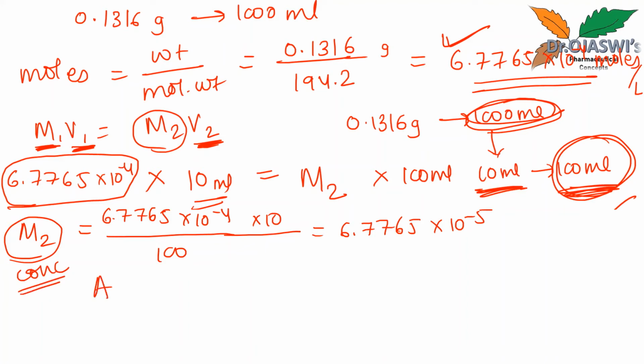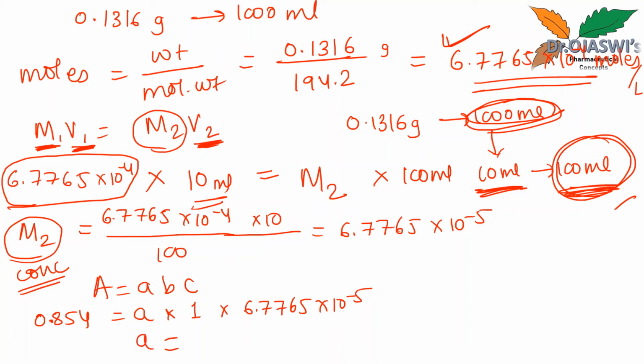Now that concentration I will substitute in Beer's law. Absorbance we know, 0.854. Absorptivity I want to calculate. B is 1 and C is 6.7765 into 10 raised to minus 5. So this absorptivity is coming out to be 0.127023 into 10 raised to 5.